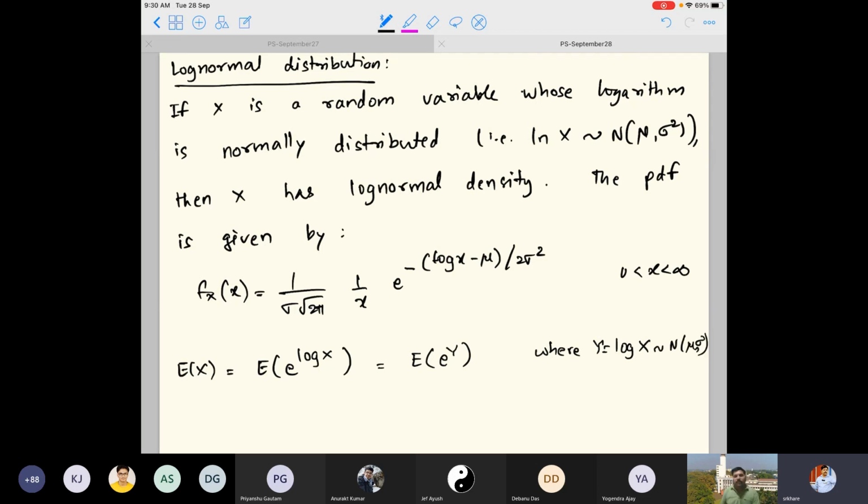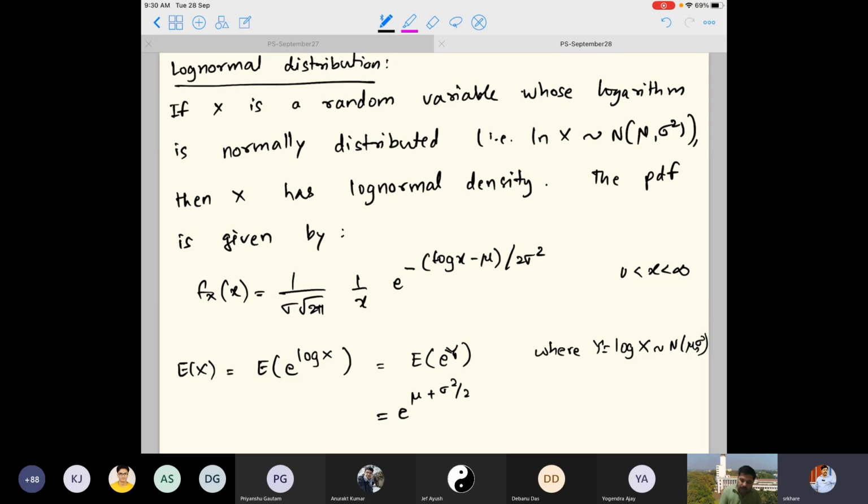And you can identify this expectation of e power y as MGF of y evaluated at t is equal to 1. So basically this is moment generating function evaluated at t is equal to 1 for the normal random variable y, right? So this is e to the power mu t plus half sigma square t square, t is 1. So mean of this log normal density is e to the power mu plus sigma square by 2.